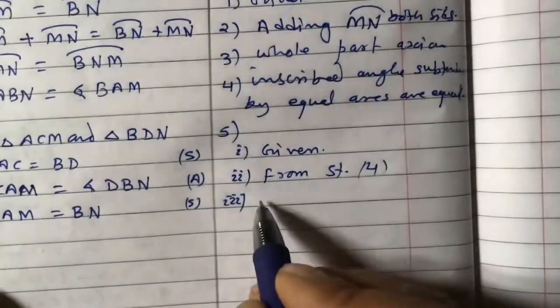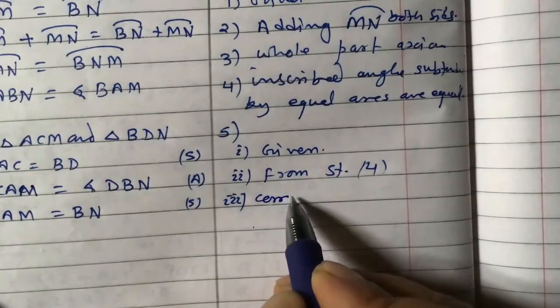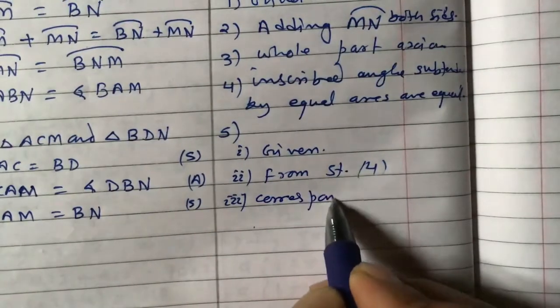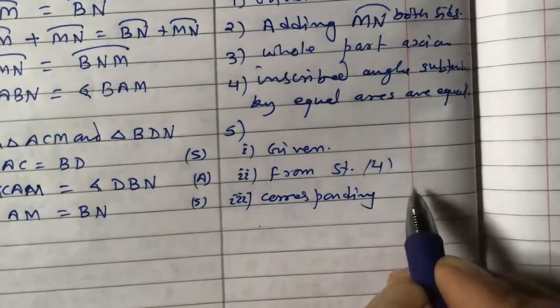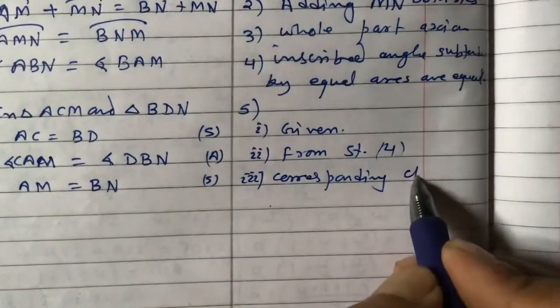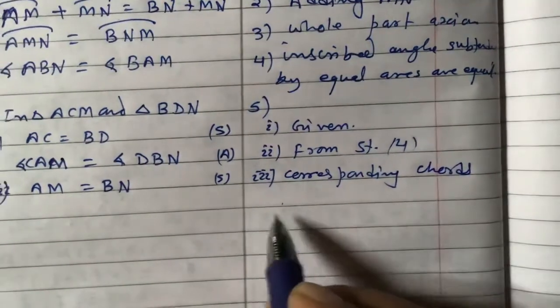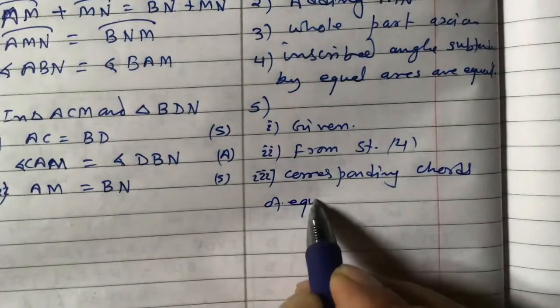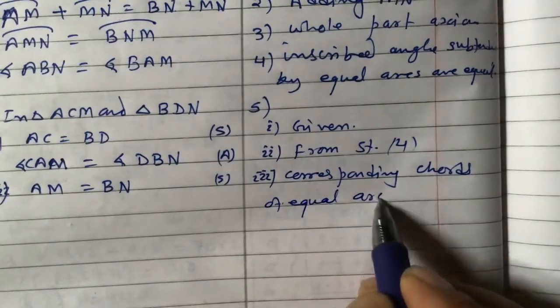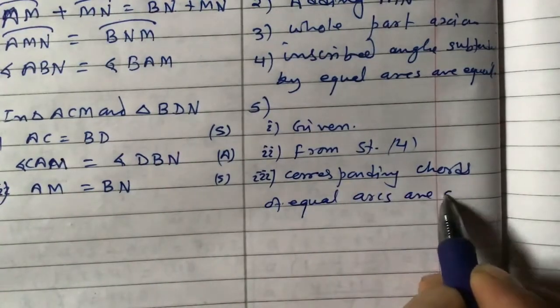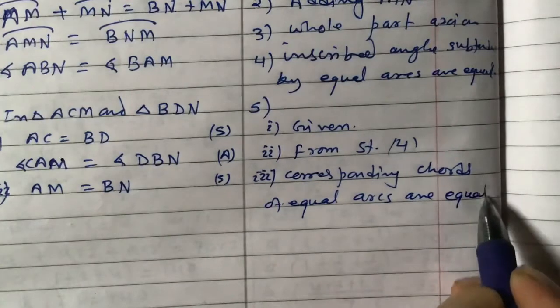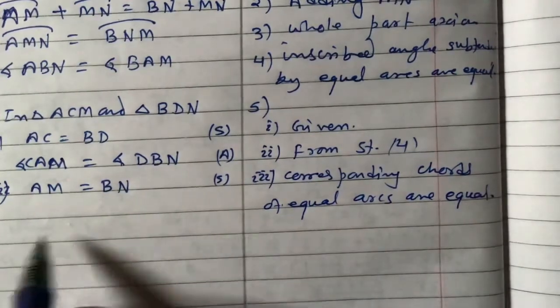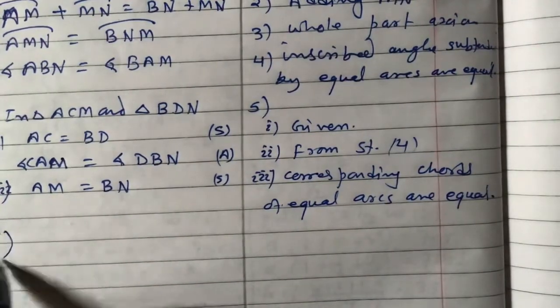So write here: corresponding chords of equal arcs are equal.